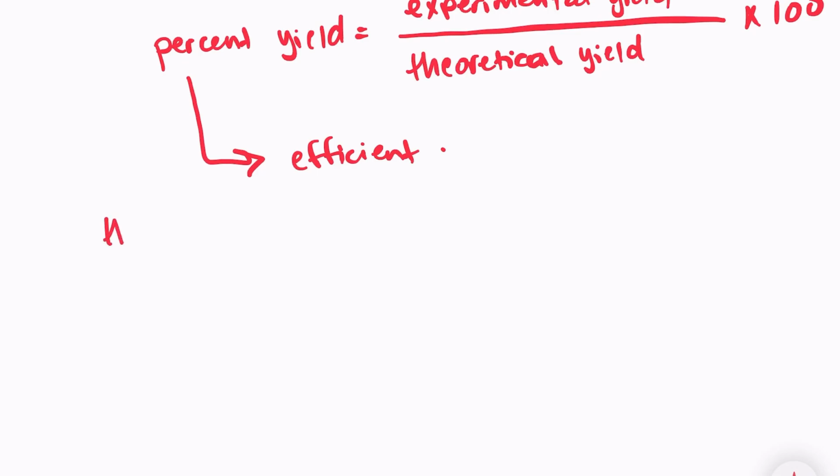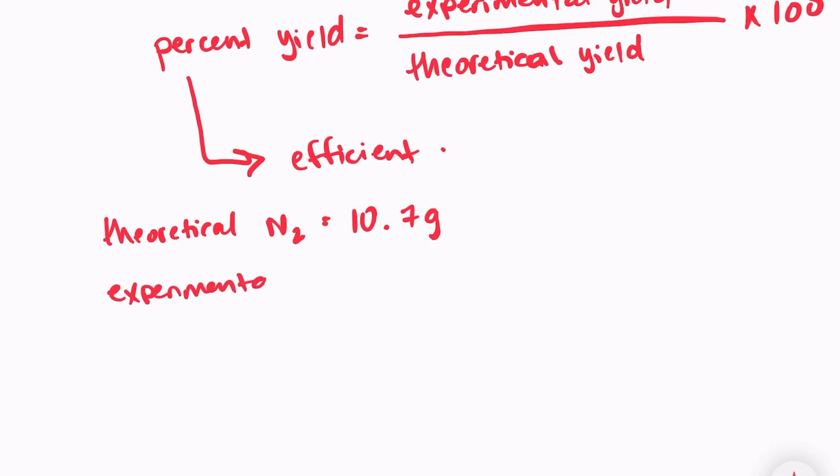So let's say that the theoretical yield that we solved mathematically for nitrogen is 10.7 grams. And then we did the lab, and experimentally, we found that we only obtained 8.35 grams of nitrogen. And we want to know, what is the percent yield of this reaction?